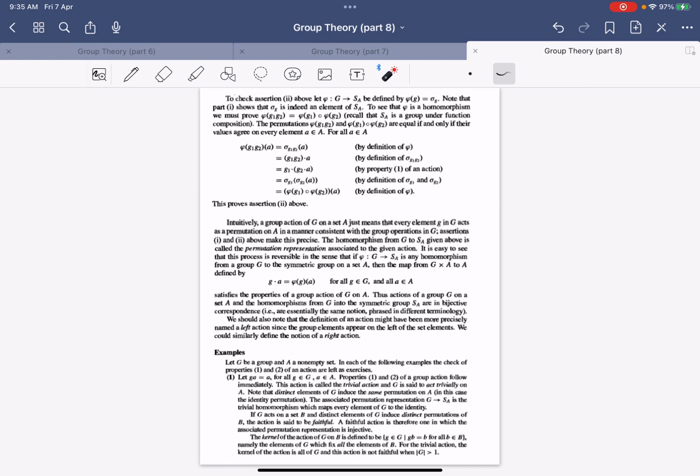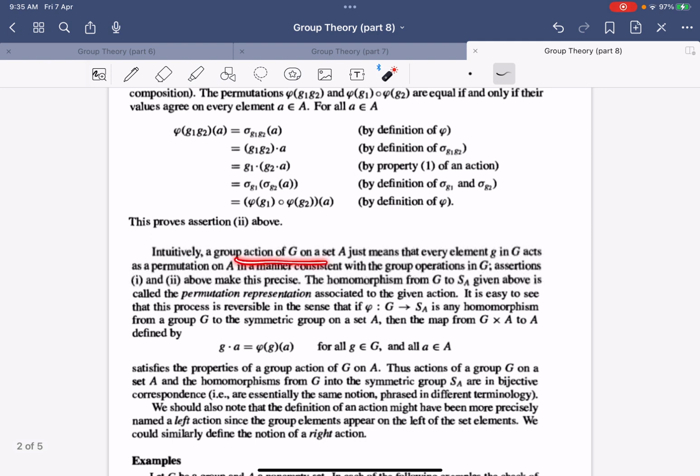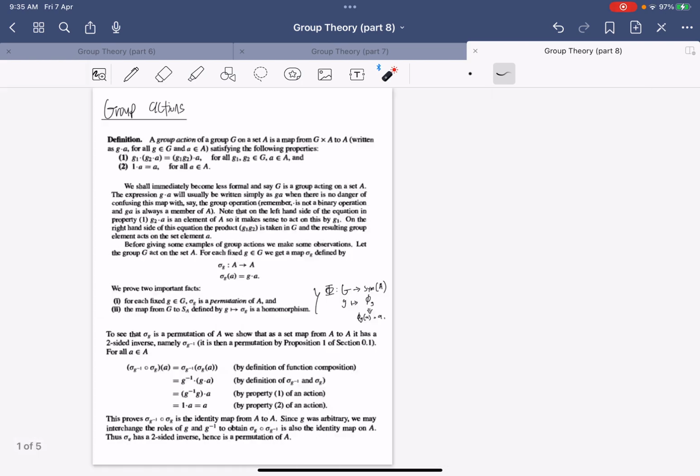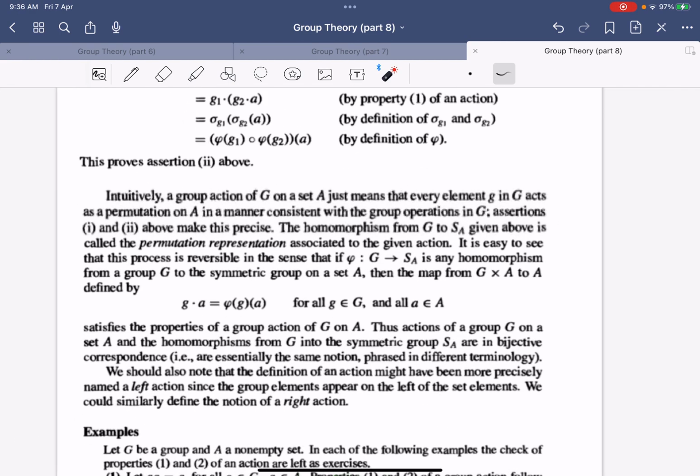And so with that, now we can intuitively think of a group action as a way of permuting the set A, so every element in G acts as a permutation. It means that for each G, it acts upon the A and sends it to another A in the set.